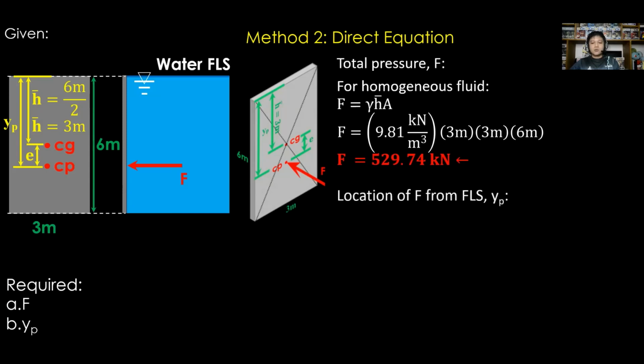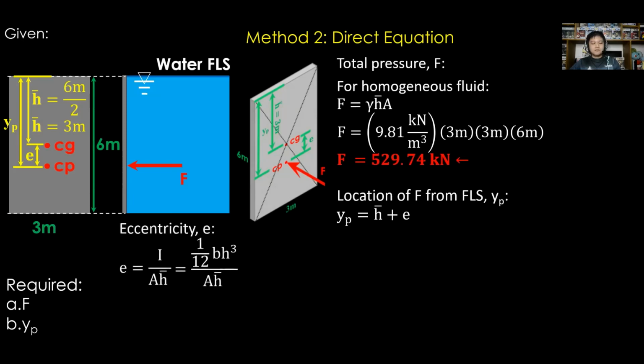For the location Y sub P, from the diagram, Y sub P is equal to H bar plus E. For eccentricity E, it is equal to I all over A times H bar. And for I of rectangular surface, it is equal to 1 all over 12 times B times H raised to 3. Substitute the values.